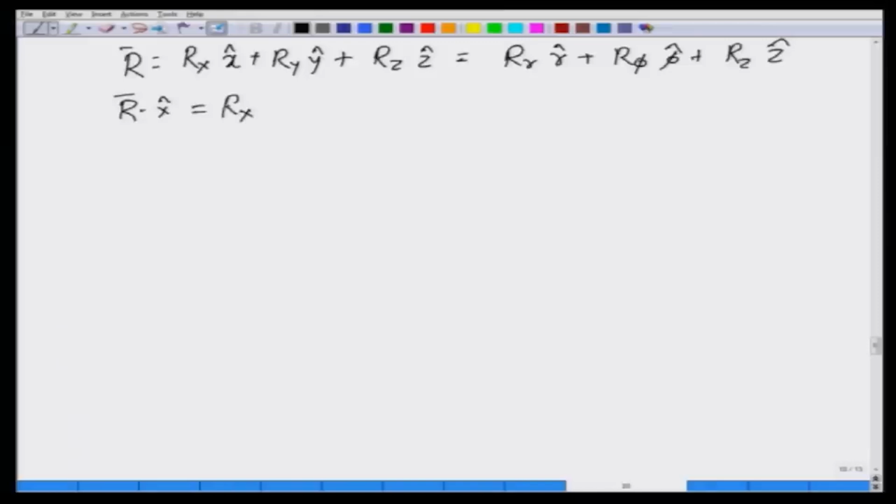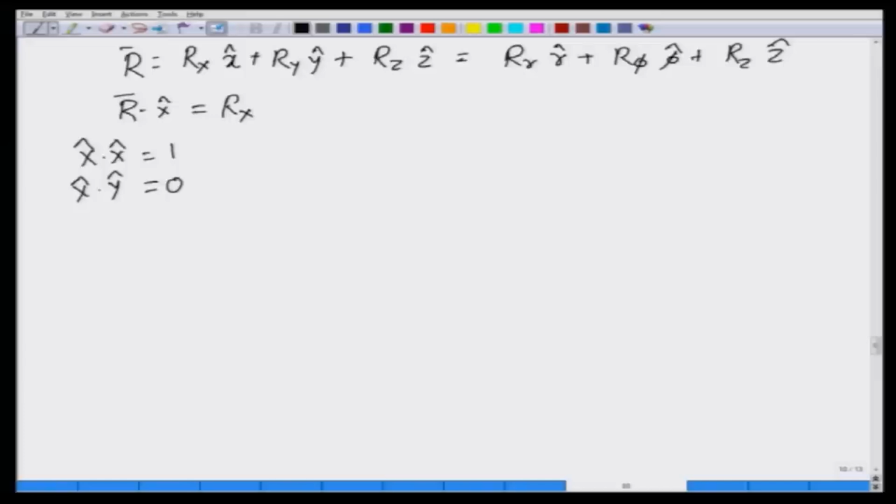Why? What would happen when you take x hat dot with respect to this? It turns out that x hat dot x hat will be equal to 1, because the length of one vector upon itself gives the length of the vector itself. However, what happened to x hat dot y hat? This became equal to 0, because x is perpendicular to y, and the dot product will be equal to 0 when theta AB is equal to 90 degrees.